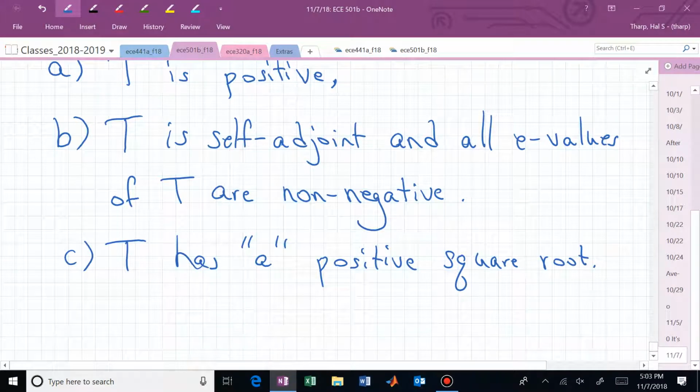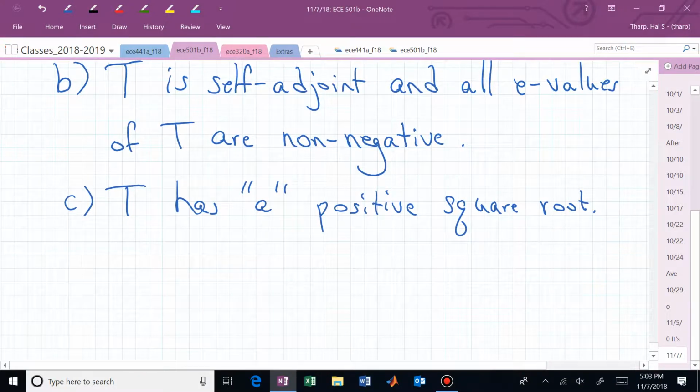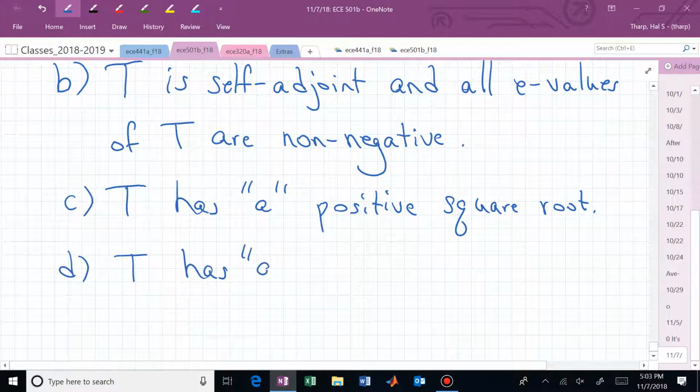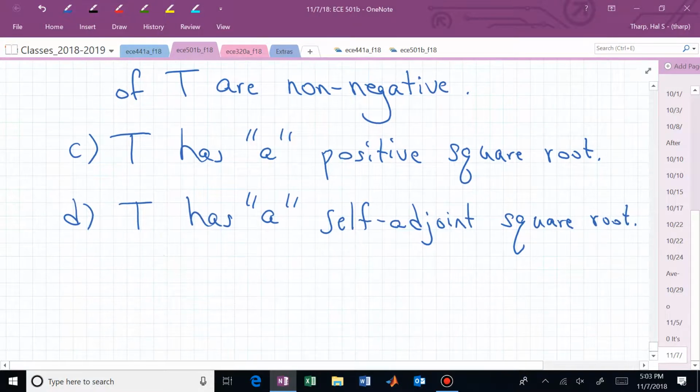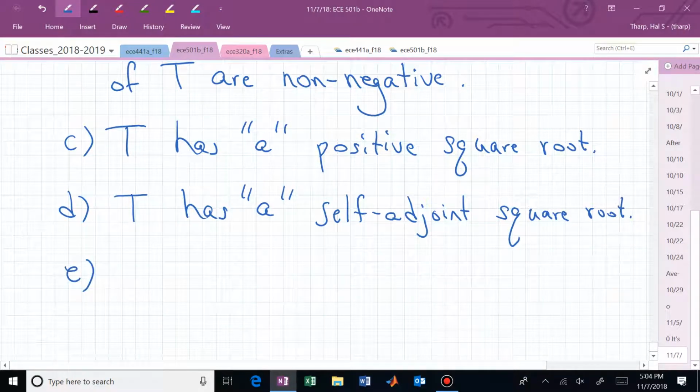So if T is positive, then we can actually factor it, so to speak, into pieces, where those pieces now form a positive square root. D: T has a self-adjoint square root. Enough already with these equivalent statements, but we're having a lot of them with T being positive.